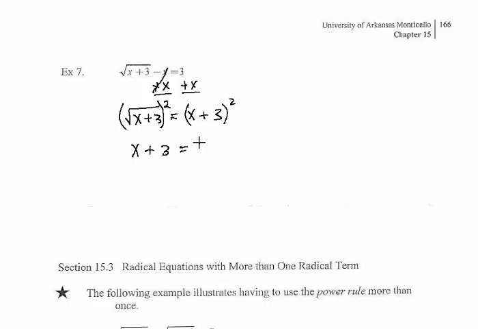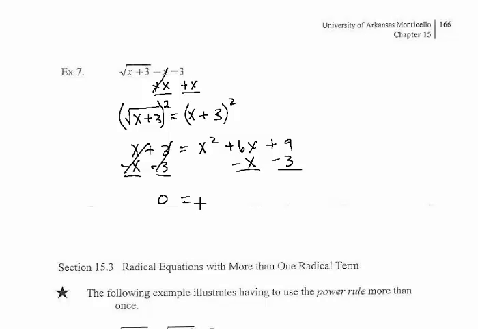We FOIL the right hand side. We get an x squared plus 6x plus 9. And we have a squared term, so we have to fall back on getting the equation in standard form. So this x plus 3, I'm going to move it to the right, and to do that I have to write below each side minus x and minus 3.